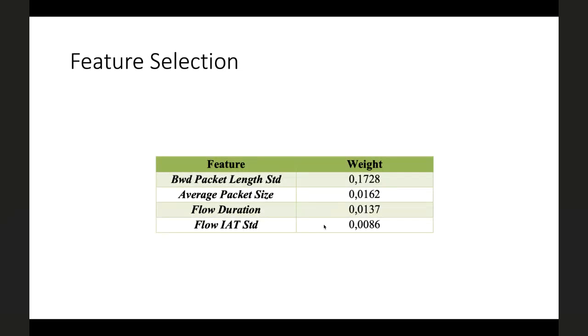From the feature selection process, we get the following attributes with the highest priority. The first is the backward packet length standard, the minimum value of the bytes of packet length in the backward direction.